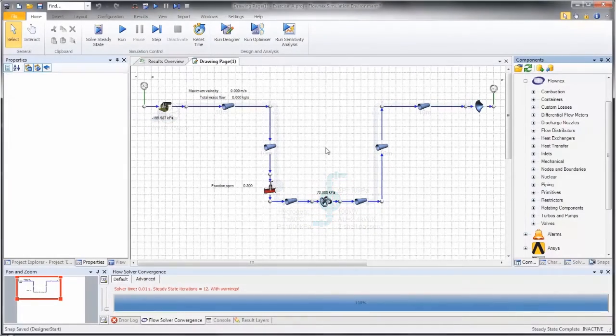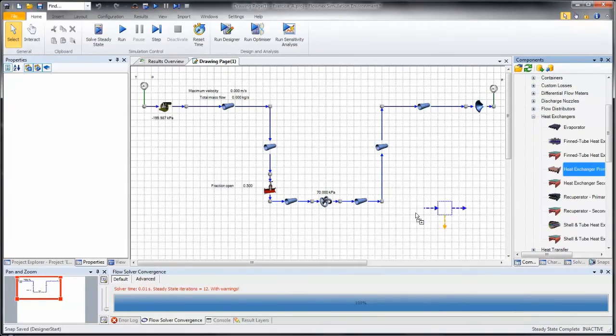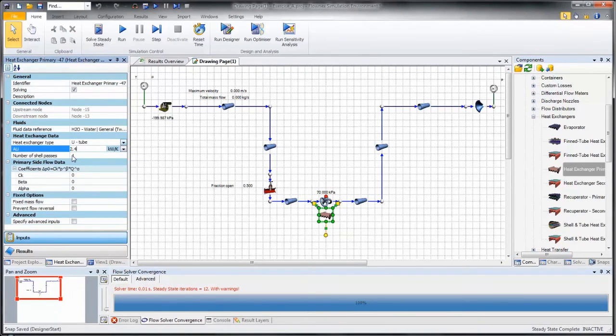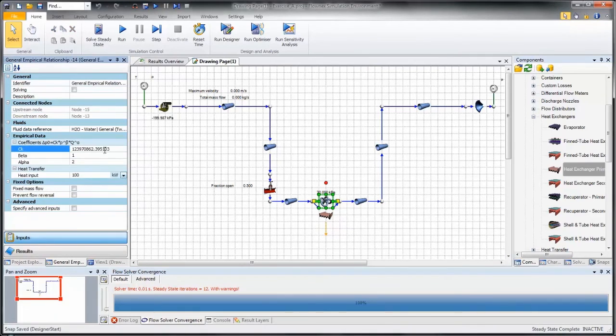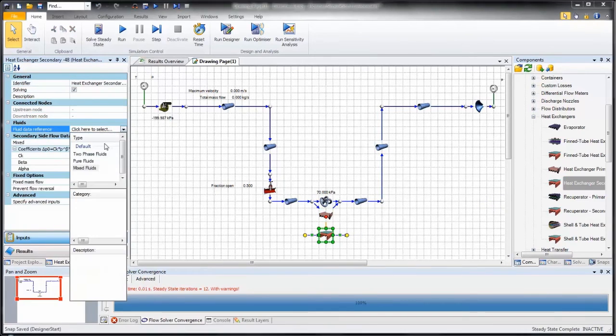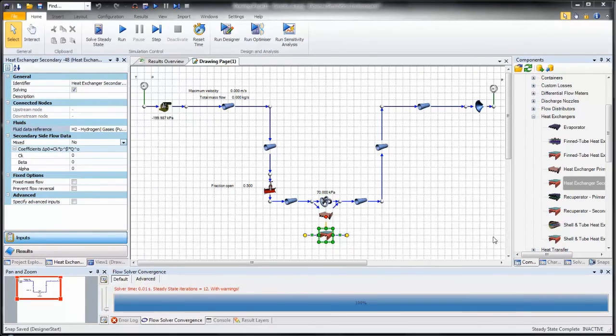So on the Flownex network, we can drag in our primary side and give the AU and shell pass information. The pressure flow correlation remains the same, so I can copy my CK value for the water side with 1 and 2 as general values. For the secondary side, I need to assign gases hydrogen.